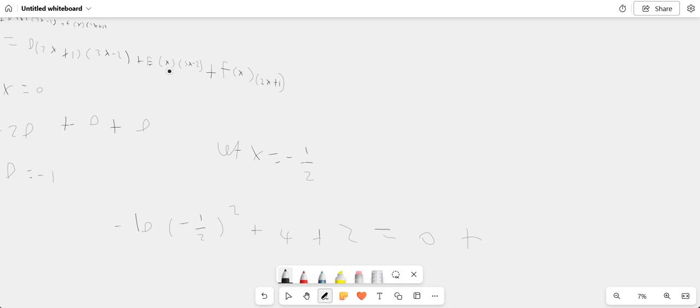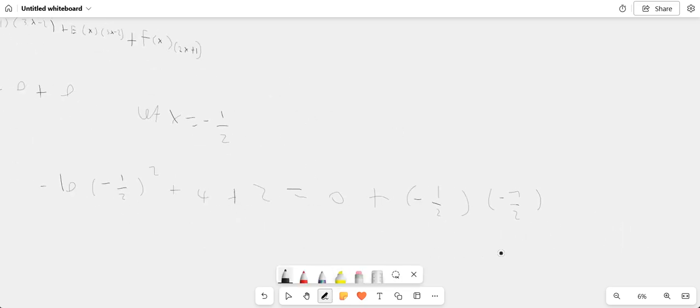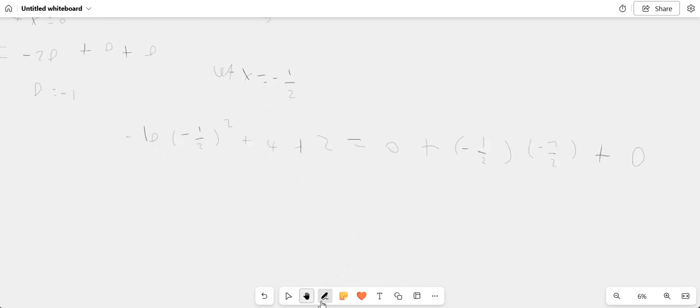E has a 0 there, so 0 times that. Then F also goes to 0. Simplify the left-hand side, that's 7 over 2. That's equal to minus 7 over 4 E on the right-hand side. So therefore E is equal to minus 2 when we divide across here.